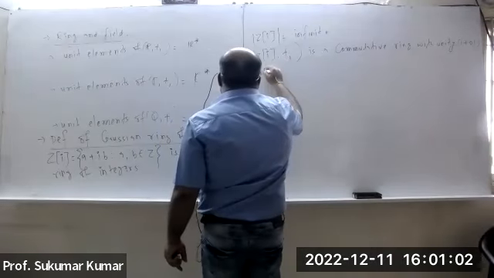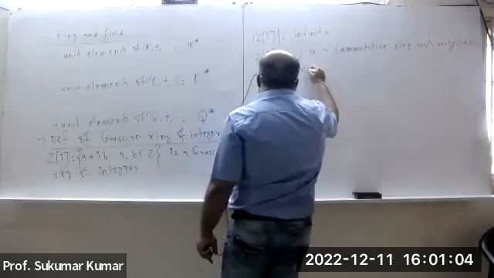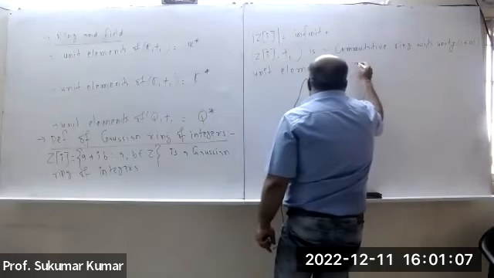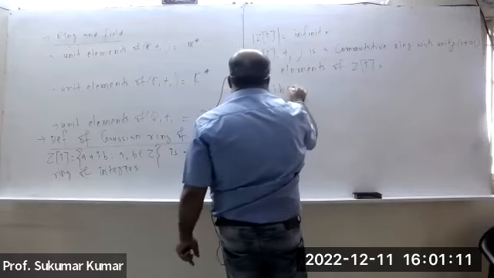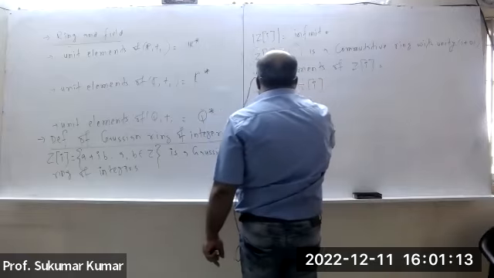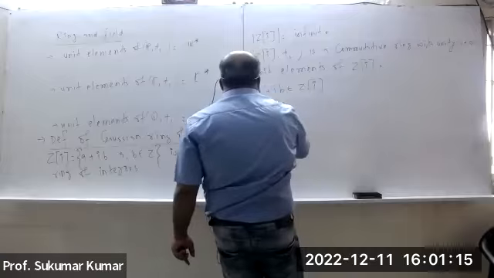If you want to find the multiplicative inverse element, the unit elements of Z box I, you have to take A plus IB belonging to Z box I, then find the inverse of A plus IB.